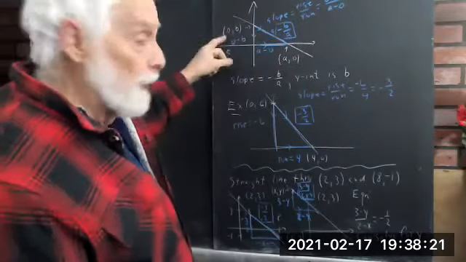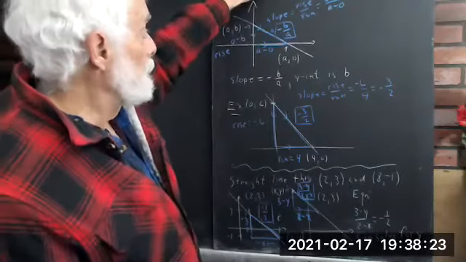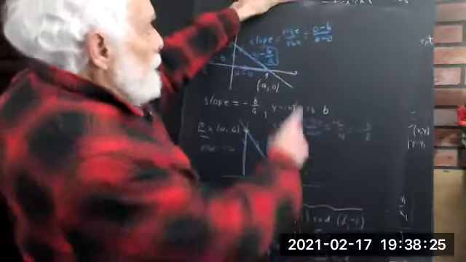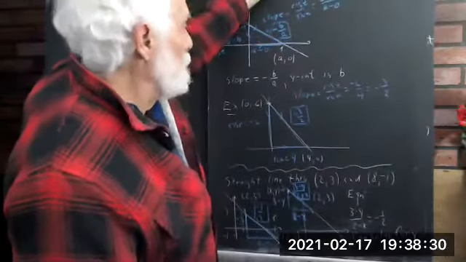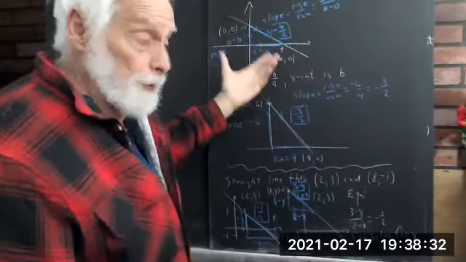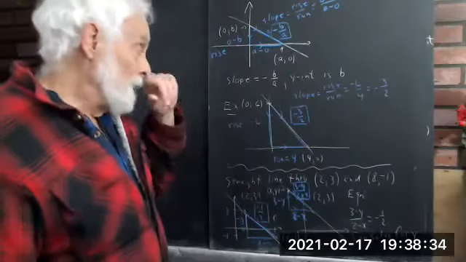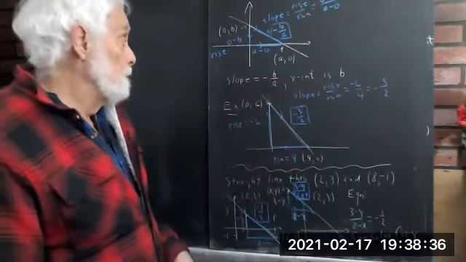And the run will be a minus 0. So we see that, rise over run, 0 minus b over a minus 0. And of course, that's just negative b over a. There's your slope. So slope is negative b over a, and the y-intercept is b.